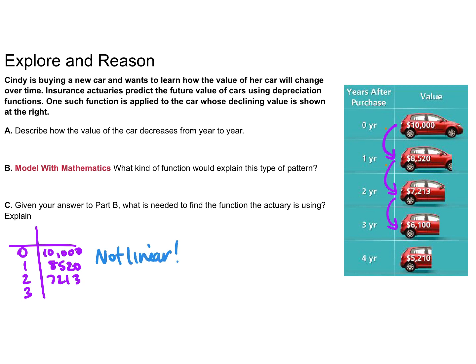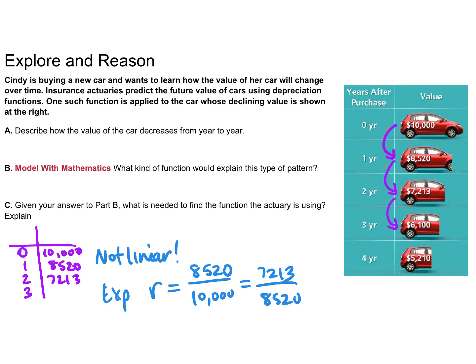If it's not linear, last week we talked about checking to see if it's exponential. To check, you take the second term and divide it by the first. If that equals the third term divided by the second, it's exponential. If you do this in the calculator, so you will need a calculator today, you end up getting 0.852 each time.